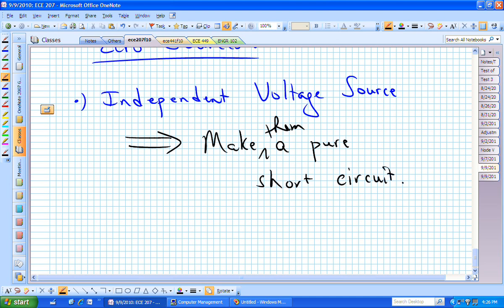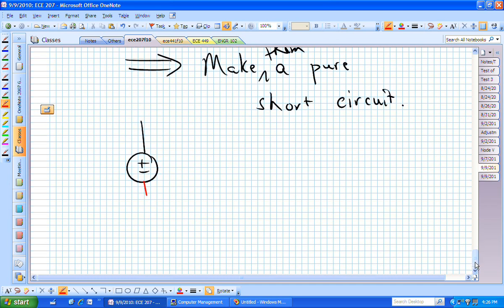Pictorially, if we started with this, and we said, okay, zero that out, then what we're doing is we're replacing between here and here.